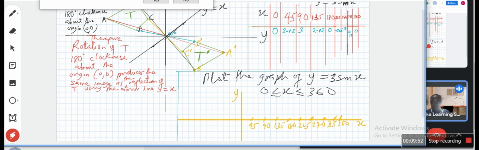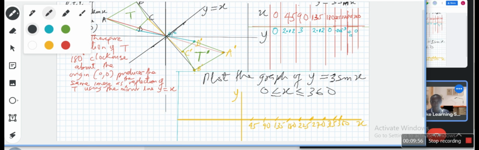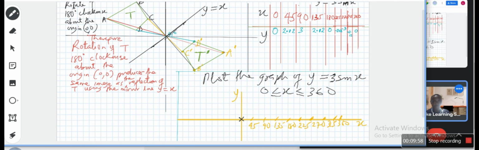Okay, so when x is 0, y is 0, we plot here. When x is 45, y is 2.12, so you may want to divide this one. This is 2, so 2.12 will be somewhere here, just close to it.